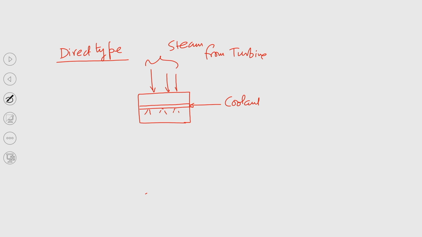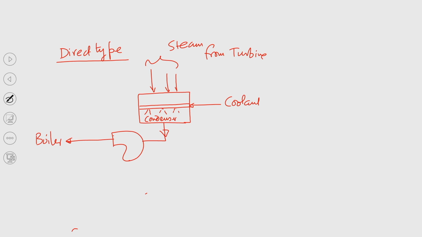Okay. So, what will we be getting? So, this is a condenser, and the collected condensate will be pumped back to the boiler. So, this is the state point I am talking about.